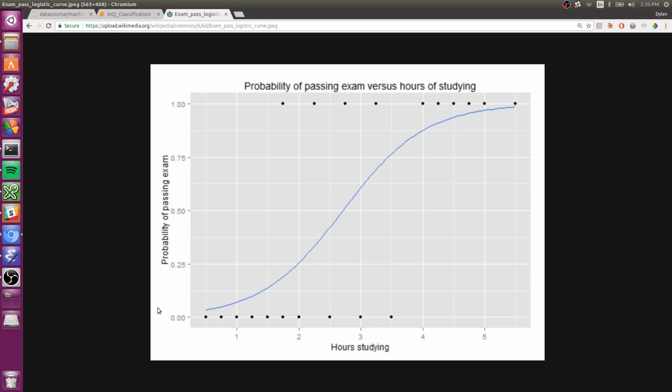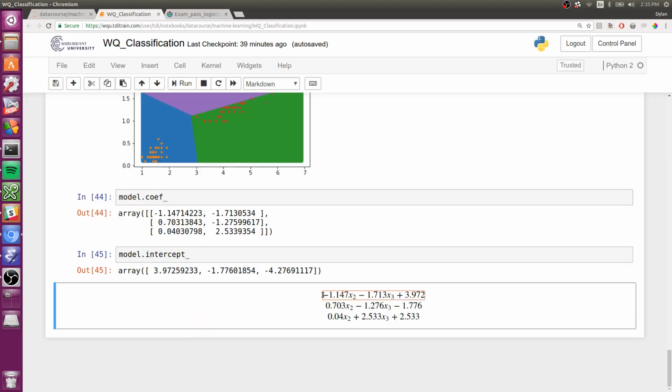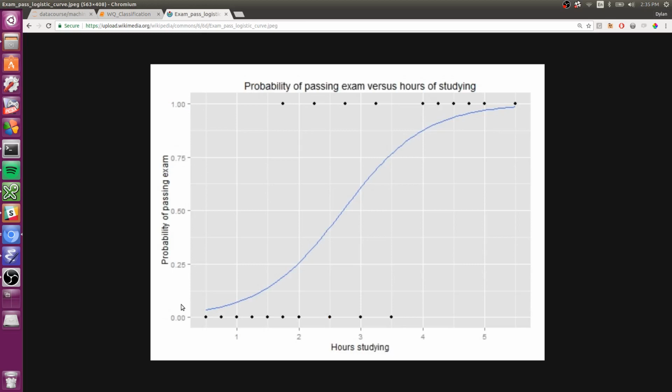And this gives us a mapping from the outputs of each of these lines onto the numbers 0 to 1, probabilities.